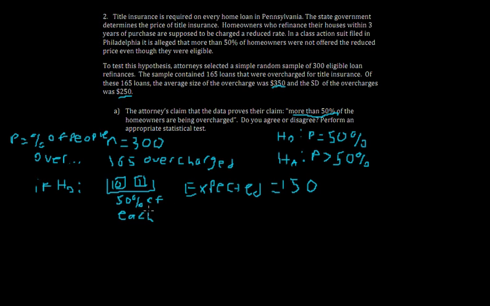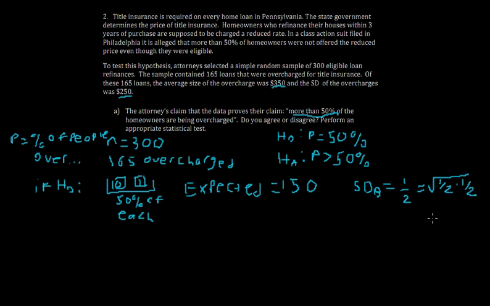We also know that the SD of the box is a half. Where do we get a half? Because that is the square root of a half times a half. We have a 0, 1 box, so 50% of each, so there's a 50% chance of getting a 0, 50% chance of getting a 1. So the SD of the box is the square root of the product of those two probabilities.